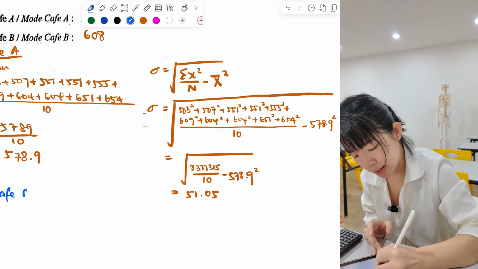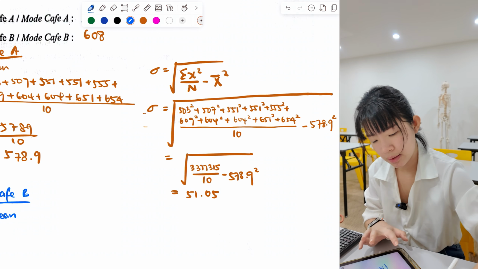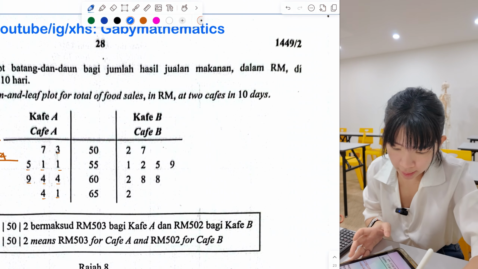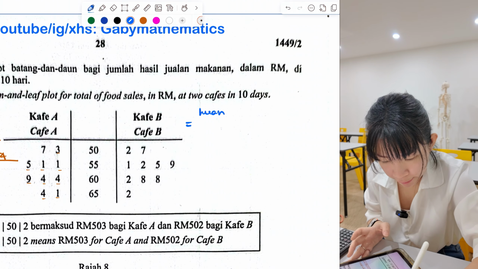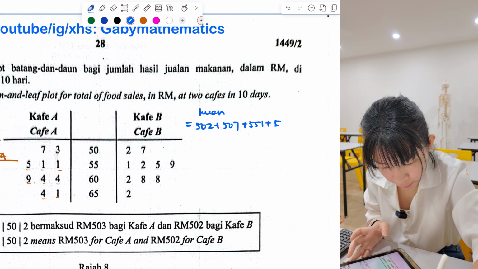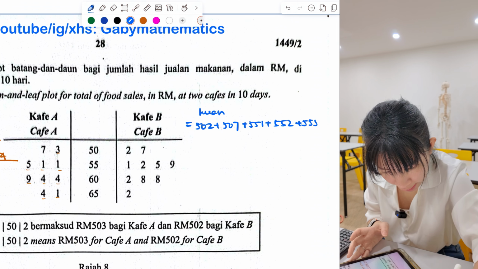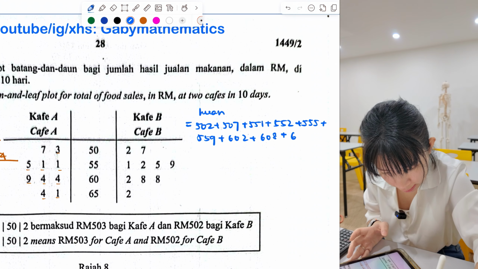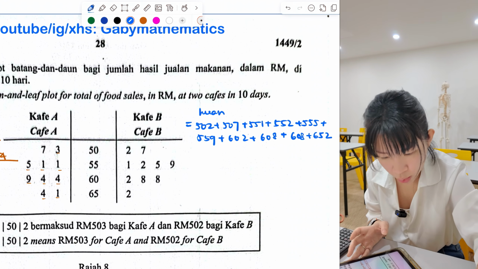Okay, cafe B. So let's find the mean. We need to refer to the table again. To find the mean, all the data: 502, 507, 551, 552, 555, 559, 602, 608, another 608, 652.